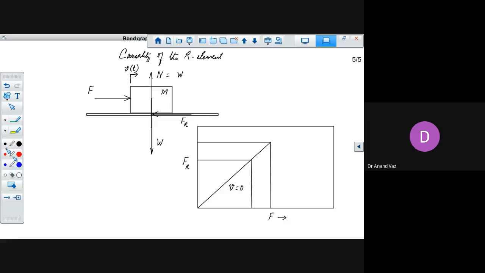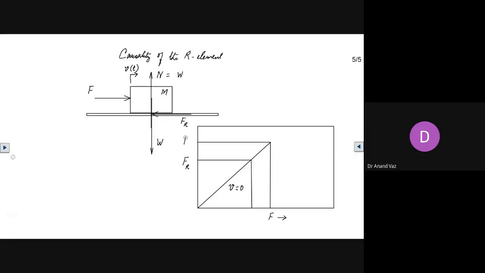Here the motion is just going to start, and we know that at this stage, if you apply a little more force than this, the frictional force is suddenly going to fall. This limit we call the limit of static friction. Usually we write it as Fs equals mu N, if you remember your mechanics.